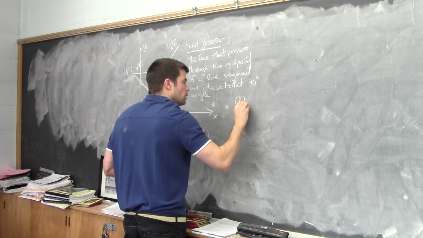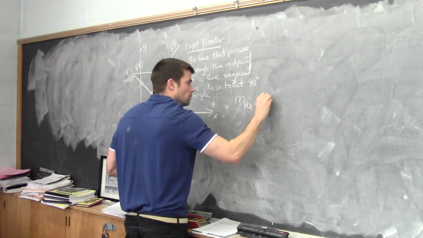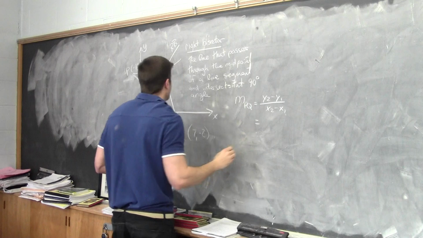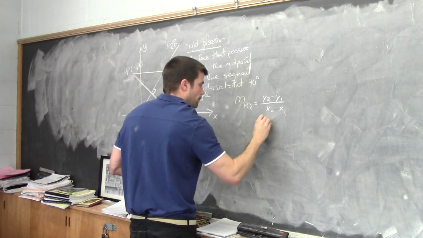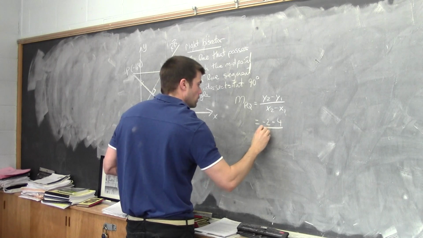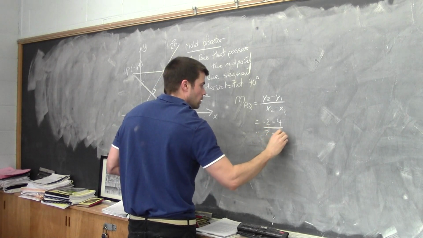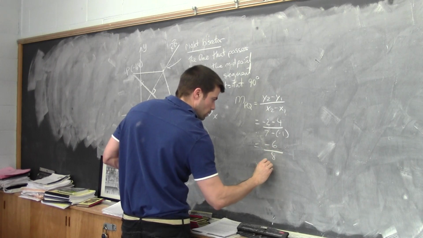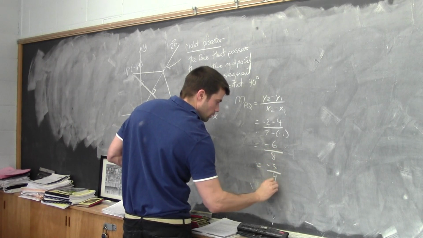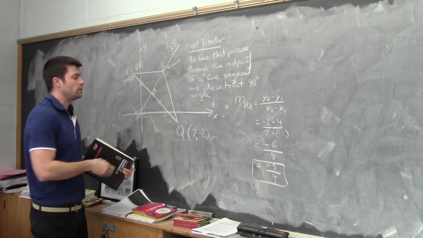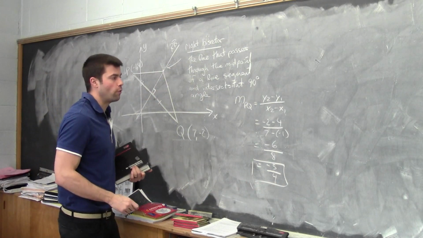So slope PQ is going to be... so our slope of PQ is negative 3/4.